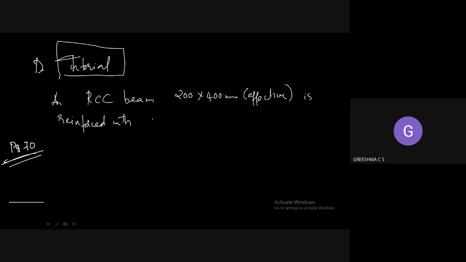So the question is, an RCC beam of 200 into 400 mm effective is reinforced with 3 numbers of 16 mm diameter bars of Fe415 steel.